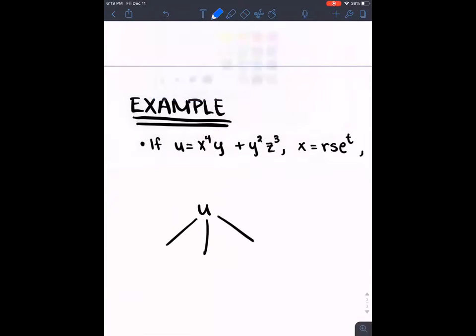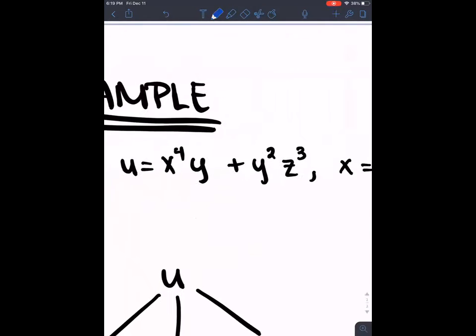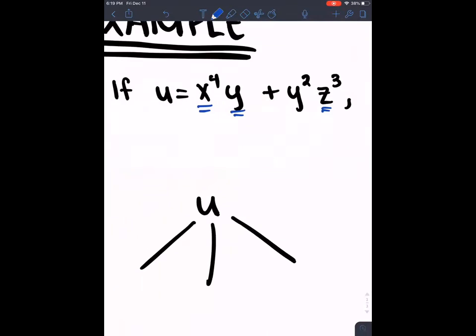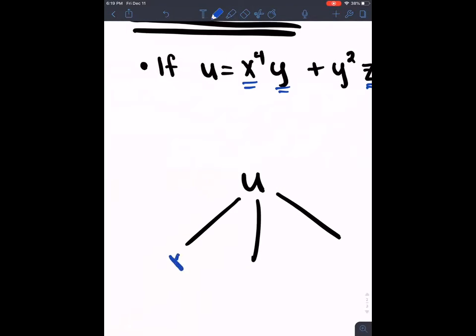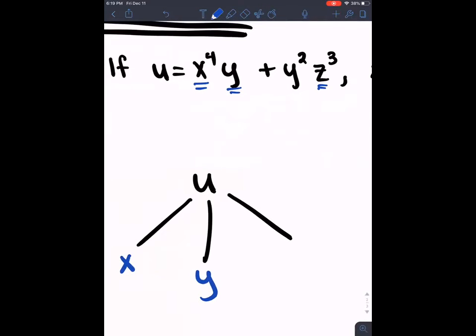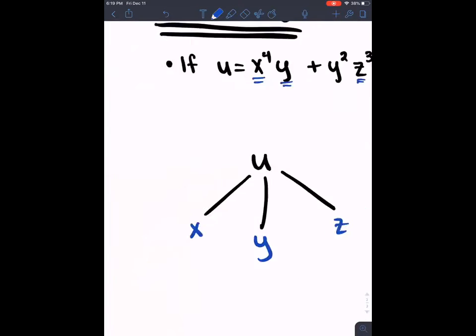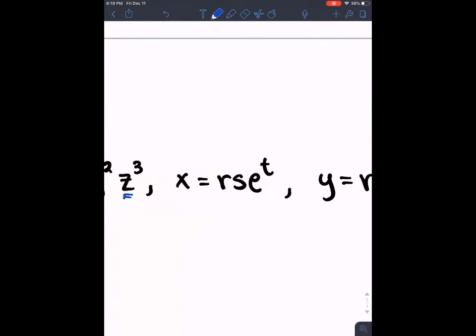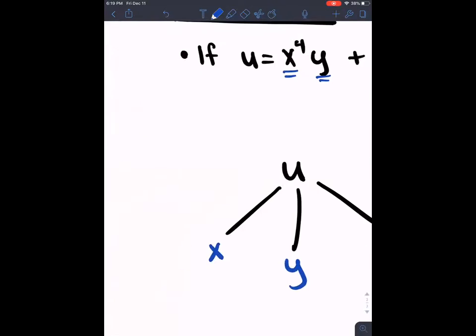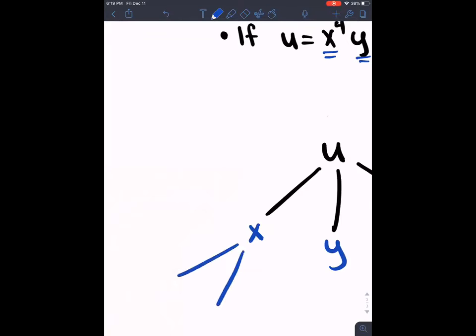I'm going to use blue here. We know that u seems to be a function of 3 variables, x, y, and z. So I'm going to put that here, x, y, and z. And now x seems to be a function of 3 variables as well, r, s, and t. Notice that e is just the number e.